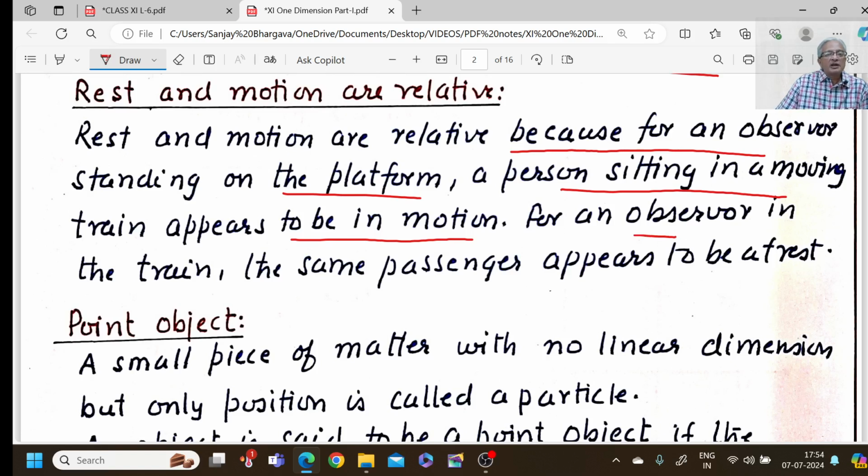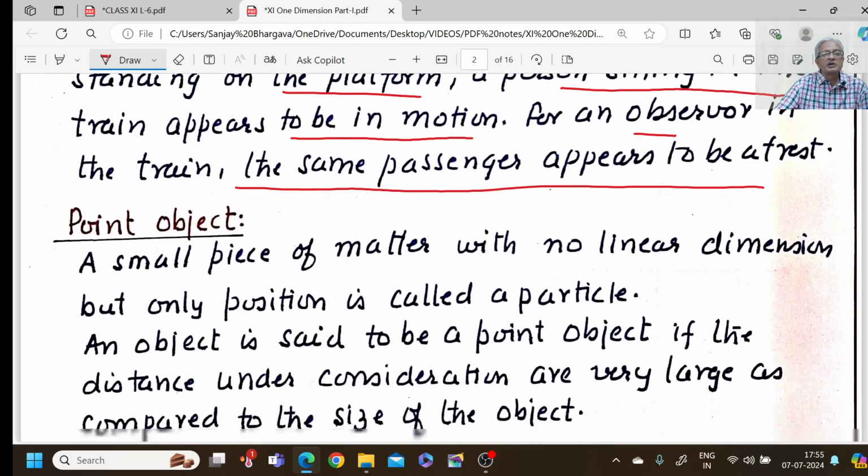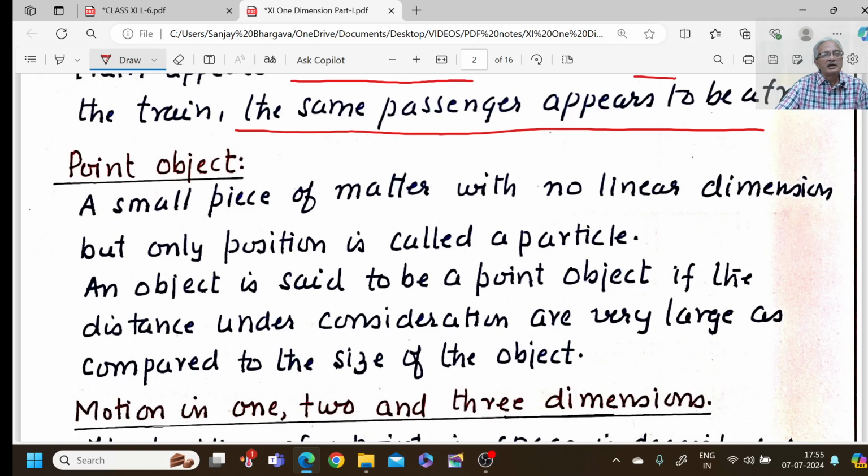For an observer in the train, the same passenger appears to be at rest. So rest and motion are relative. An object which appears to be in the state of motion for certain observers could be at rest for another observer. So the basic question is, where from are we observing the event?